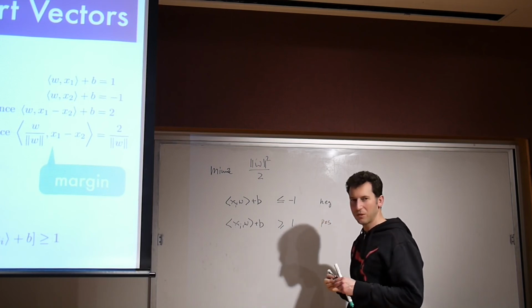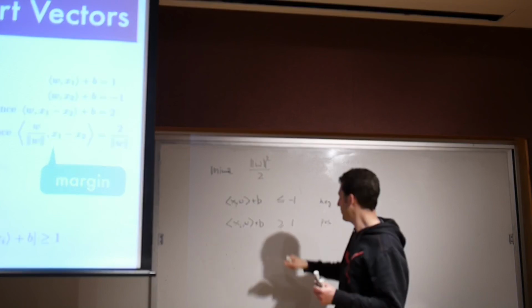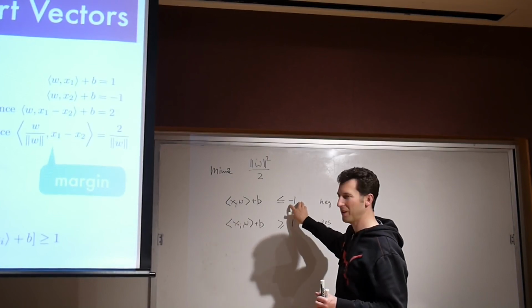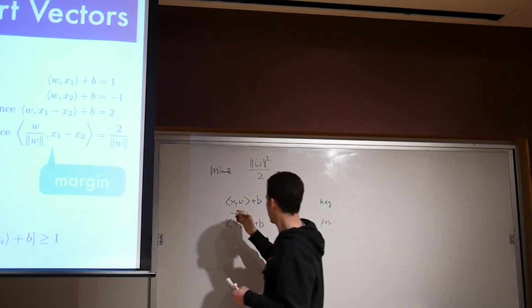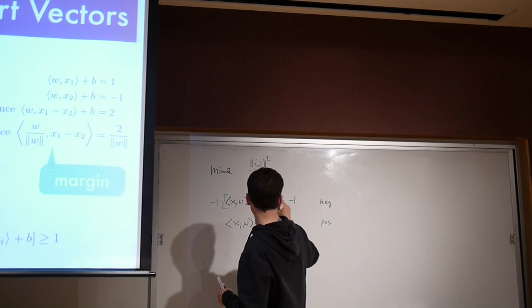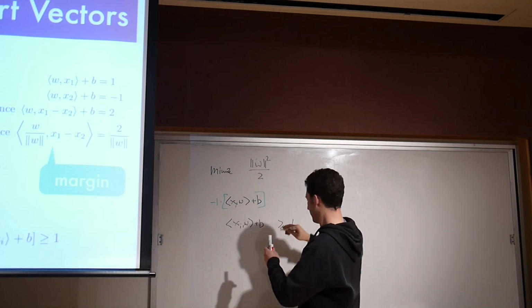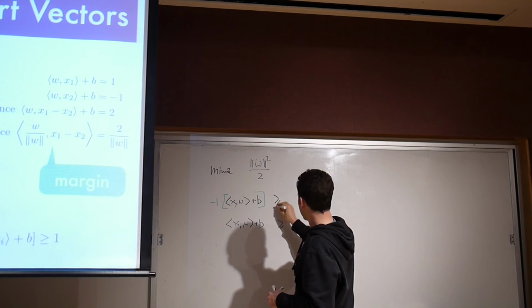Now that's kind of awkward to have to carry this around with us. So what we can do is multiply the negative case by minus 1. So again, minus 1 times this equation here is greater or equal than 1.